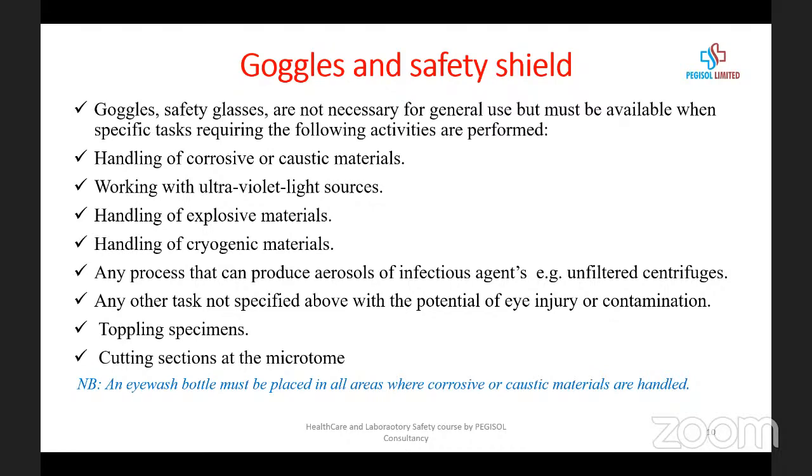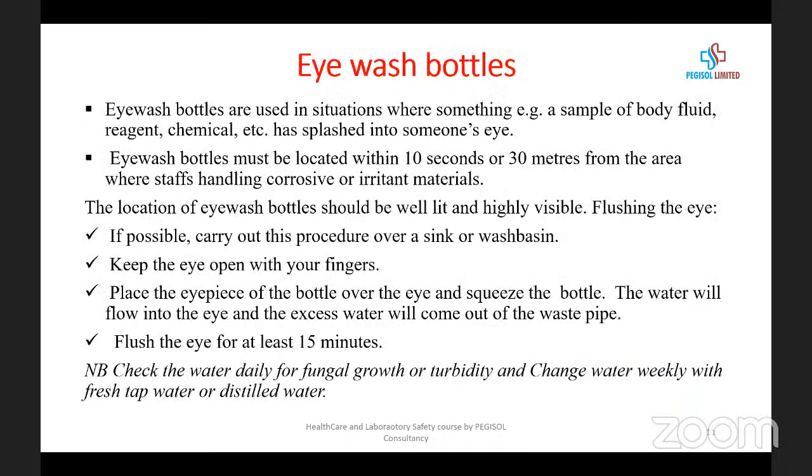Now let's talk about eye wash bottles. Eye wash bottles are used in situations where something, for example samples of body fluid, reagent, or chemicals, has splashed into someone's eye. That is one of the reasons we use eye wash bottles.